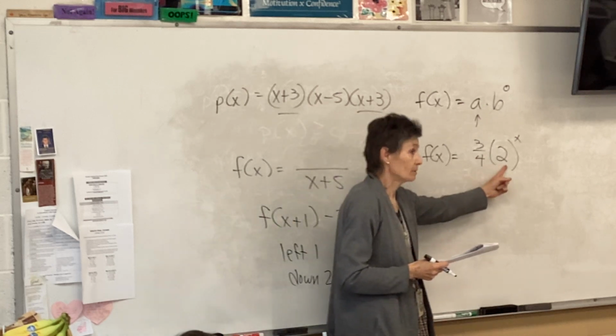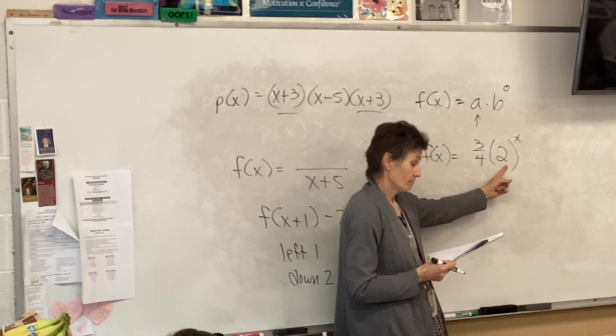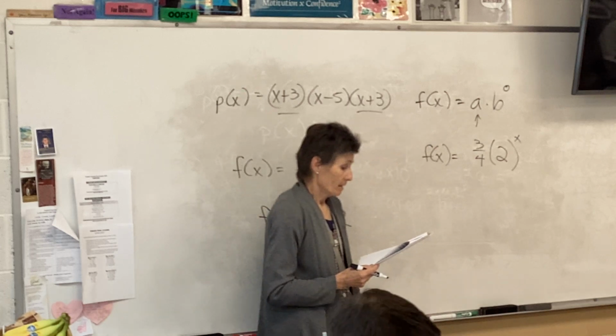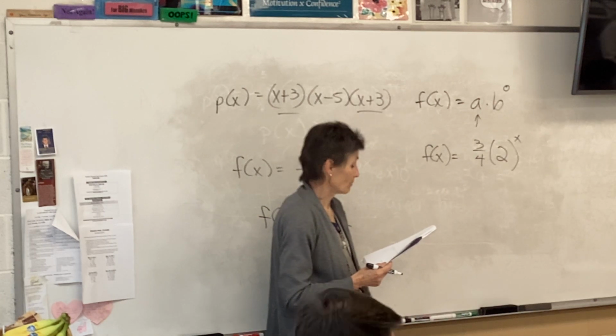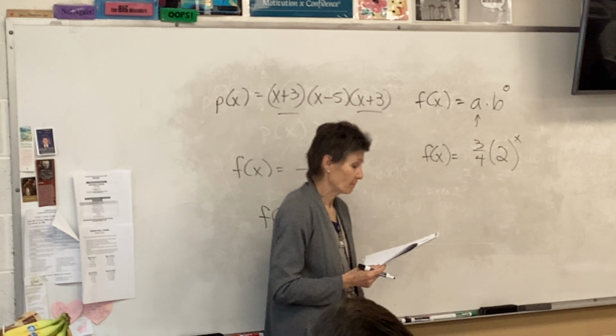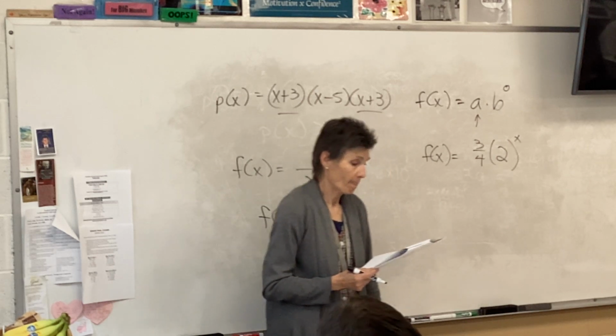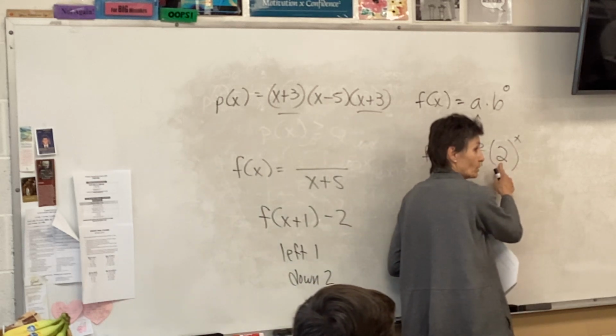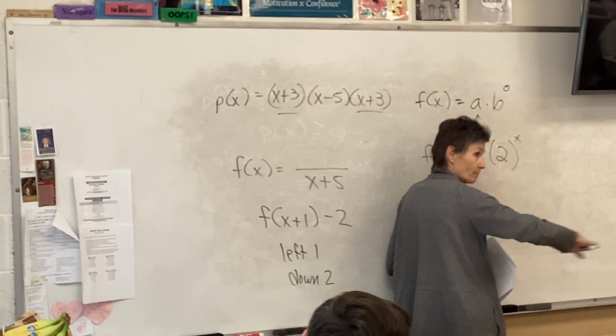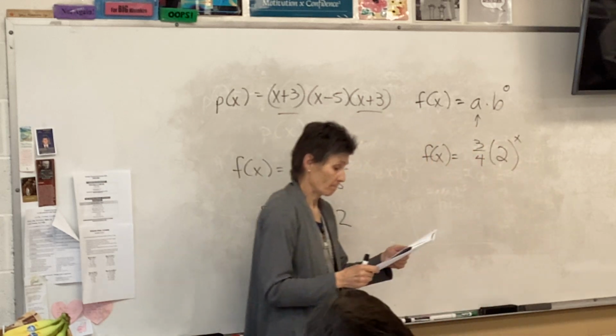Definitely growth. And A is positive, and B is bigger than 1, so I think it's D. Do you remember that whole deal where if this is a number less than 1, you're decreasing? Decay?